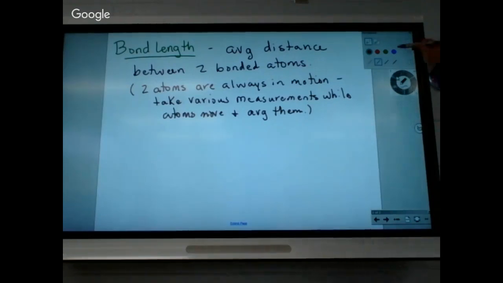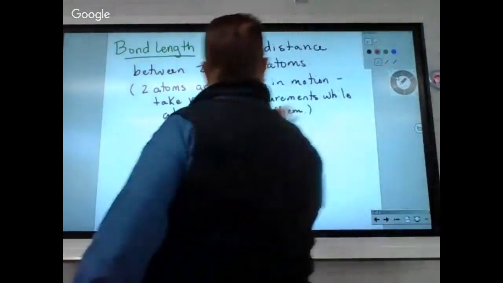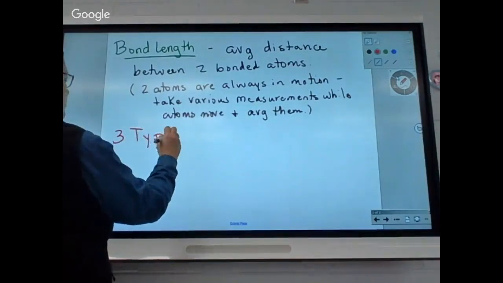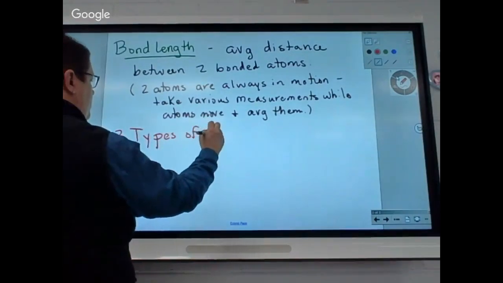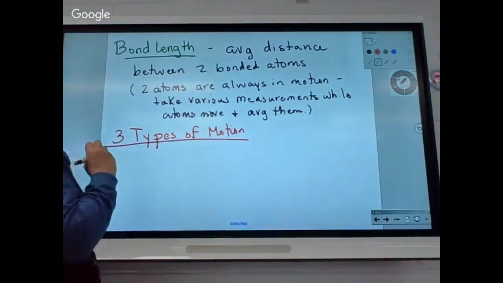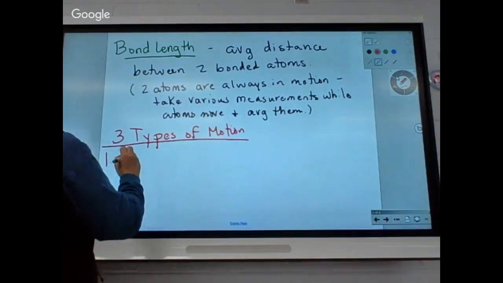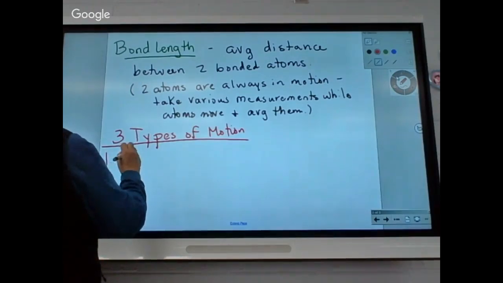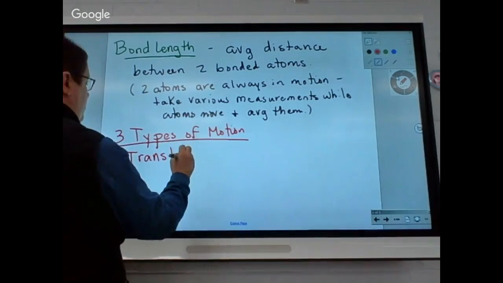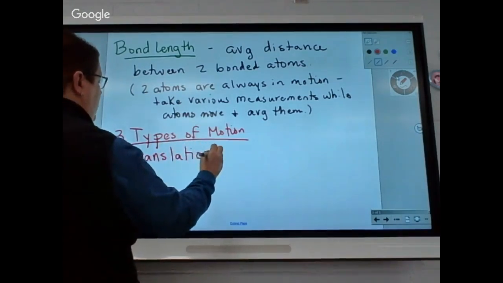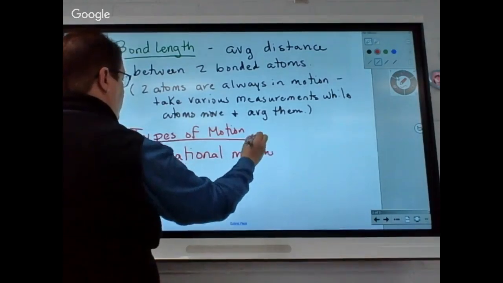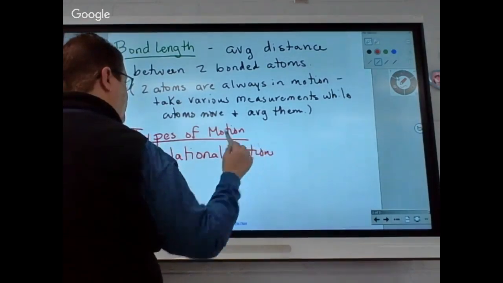All right? Now, you have to know the 3 types of motion. We will talk about that briefly with the gas laws also. Atoms can translate, which is called translational motion. It's the only kind of motion this wall has for the most part.